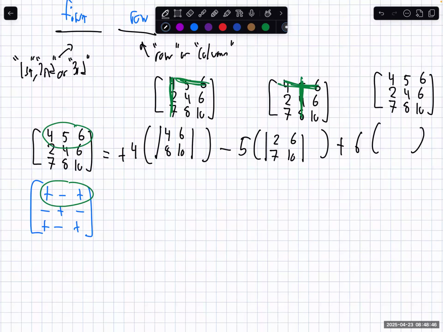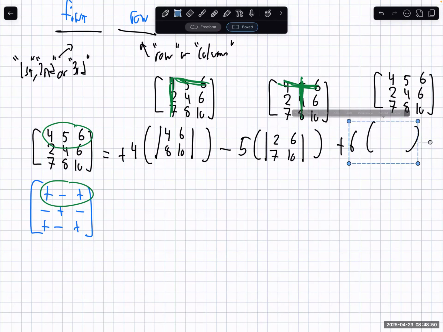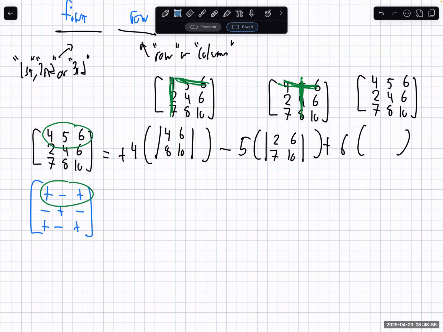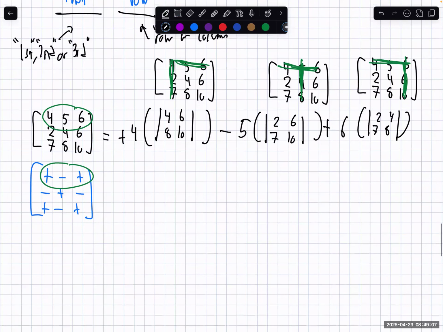Copy that into the slot. Cross out 6's row and 6's column. Copy that into the slot.